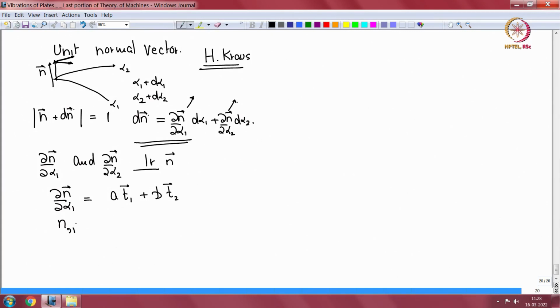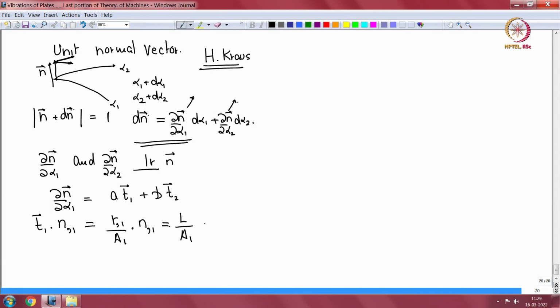If I dot it with T1, then I get r comma 1 by A1, this is T1 dotted with n comma 1, and this, by the way, is equal to L from our previous second fundamental form divided by A1.